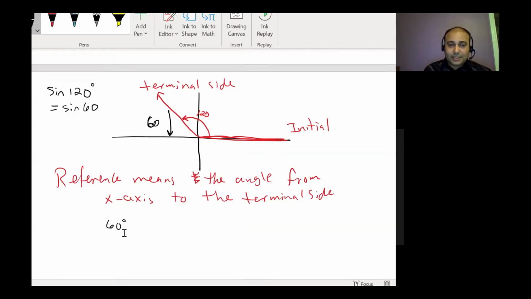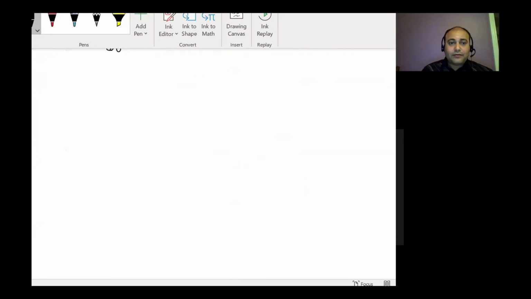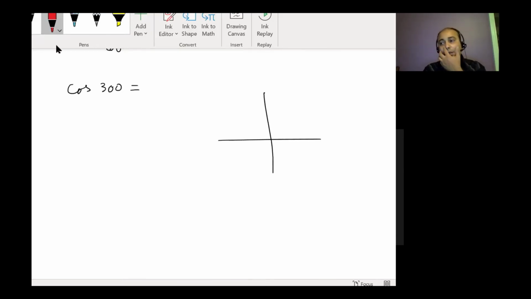Let me give you another example similar to this. If I want to find cosine 300, which quadrant should 300 go in? First, second, third, or fourth? 300 is in the fourth quadrant.